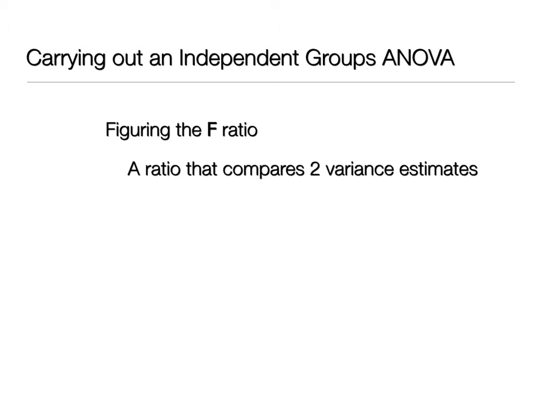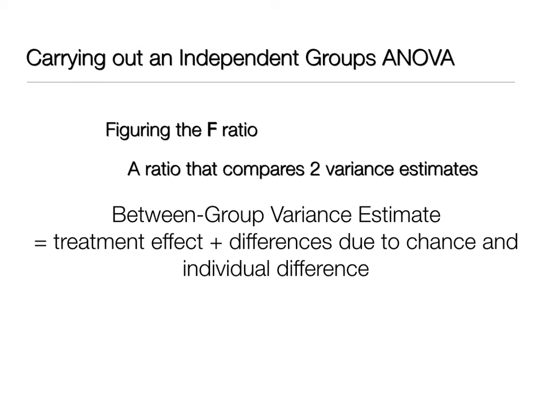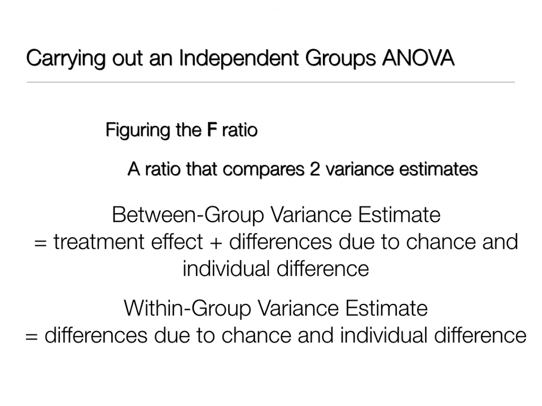When we carried out the independent groups ANOVA, we figured out our F ratio, and that ratio had two kinds of variance. We had the between group variance, which had both a treatment effect and error in it. Our error in a between subjects design includes differences due to chance and individual differences. We also had within group variance as the other part of that ratio.